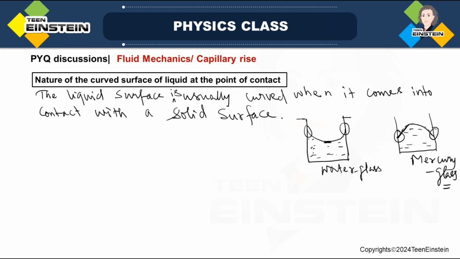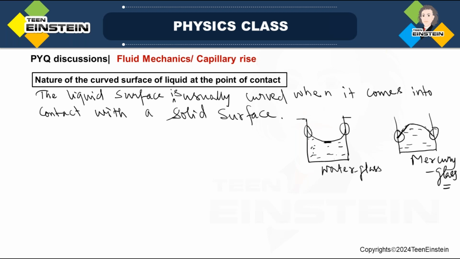So this is what usually happens when you take any liquid in a container. Basically, with glass it is very prominent to see, okay. That's why most classes will take the example of glass with water, glass with mercury, glass with alcohol, glass with some other liquid as well. Sometimes we'll take silver content with pure water, so that we'll also see.